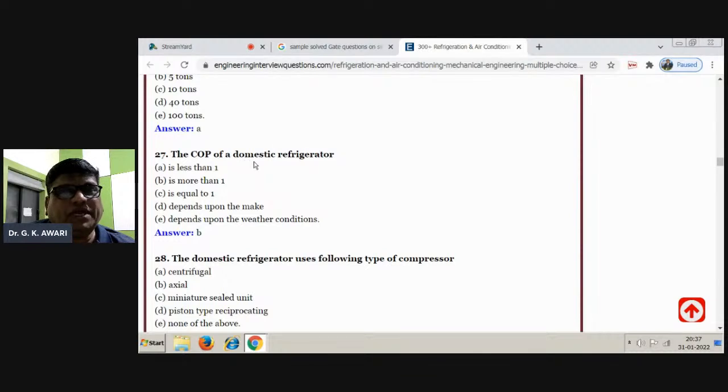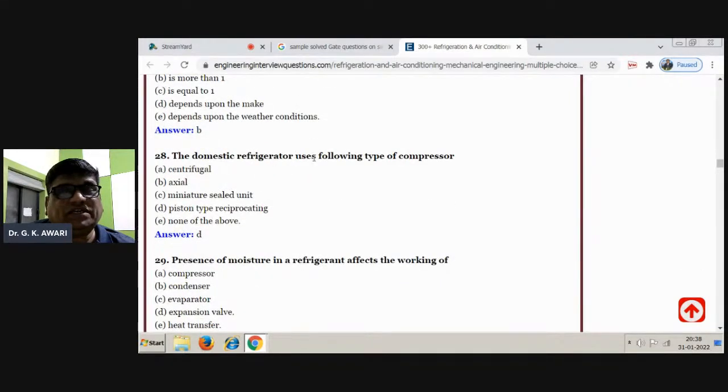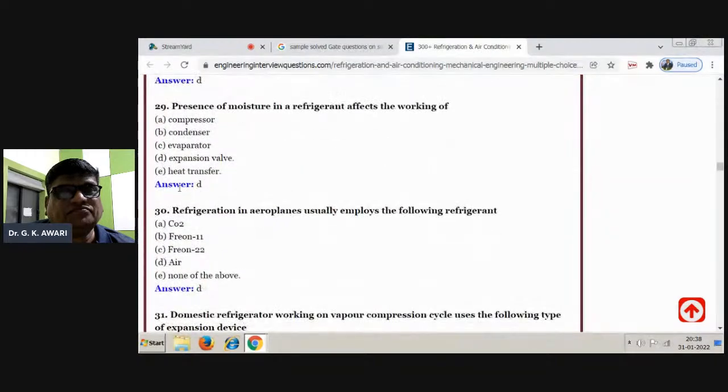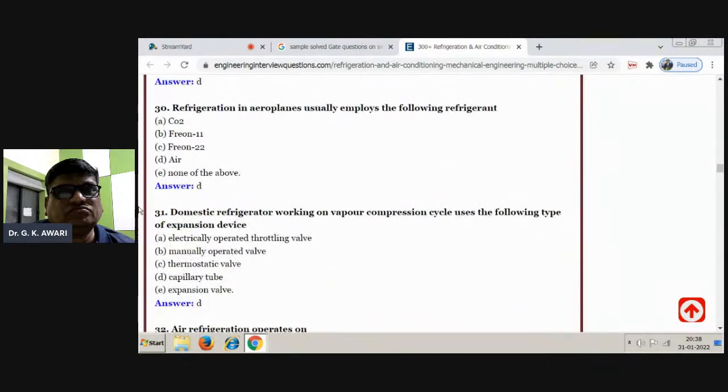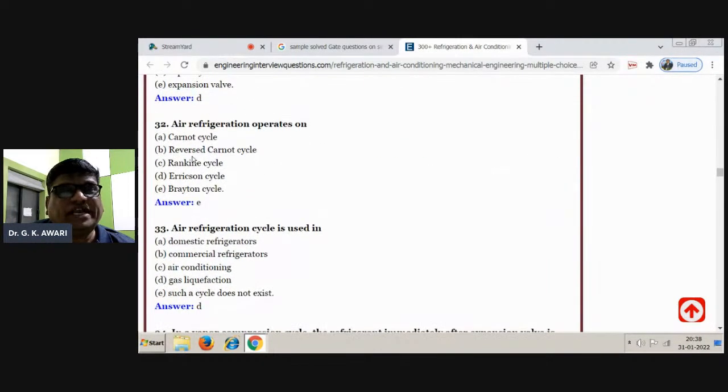So is the COP of a domestic refrigerator less than 1, more than 1, or equal to 1? It is more than 1. The domestic refrigerator uses the following type of compressor, that is the piston type reciprocating compressor. So air refrigeration operates on which cycle?